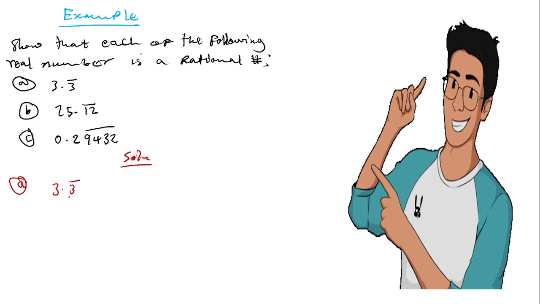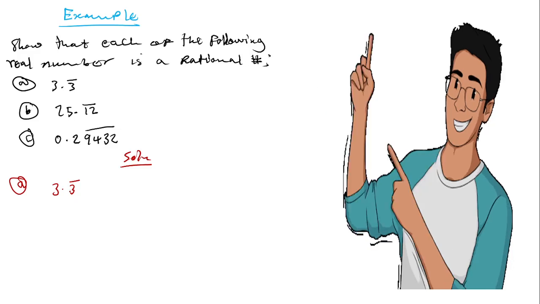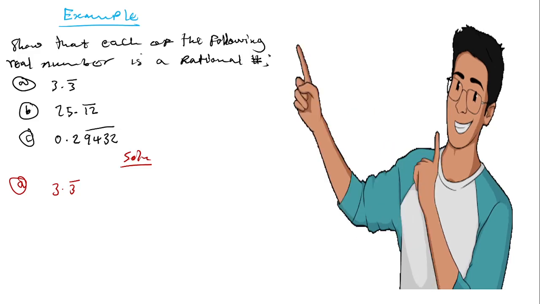So how many decimal places do we have? Correct. So we have 1 decimal place.